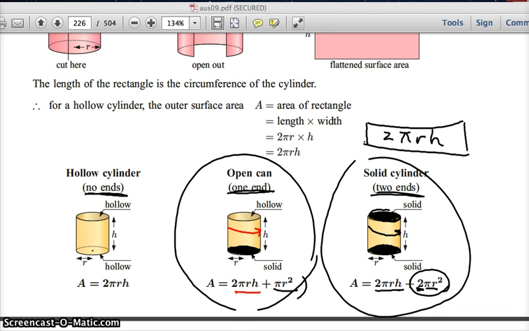This drops away completely. There is no need because there's no surface there. Because we're calculating, Caitlin, the surface area. This does not exist. There is no surface in which to calculate. All you're left calculating is the curved surface in total, which is the 2 pi r h.